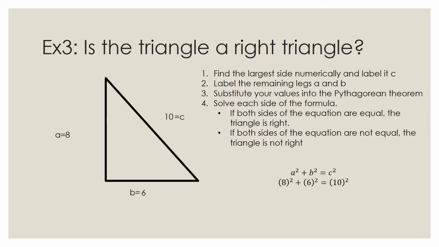We plug that in: 8 is a, 6 is b, and 10 is c. We do our squaring, so 64 plus 36, and on the other side we have 10 squared, which is 100. We do our addition, 64 and 36, and we get 100 is equal to 100. So this is a right triangle.